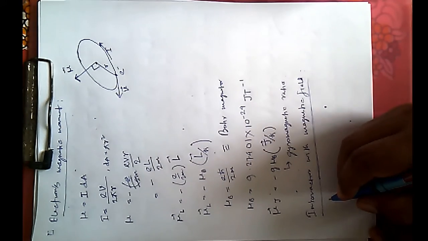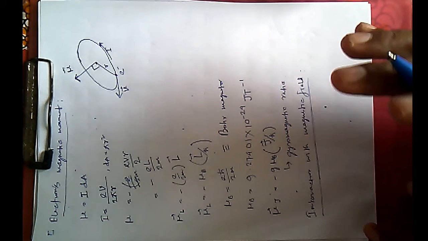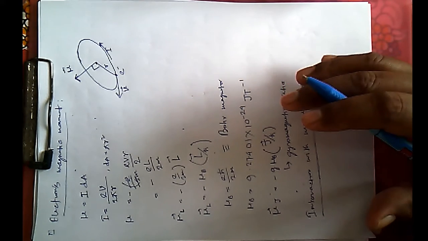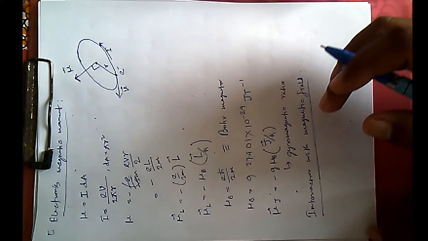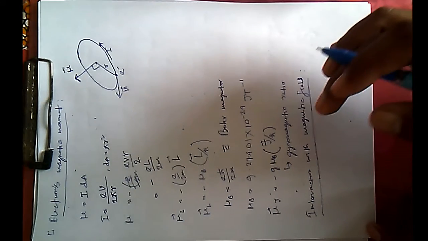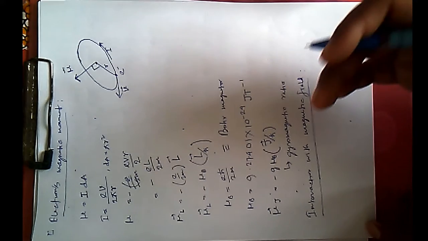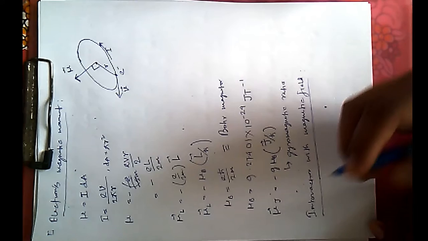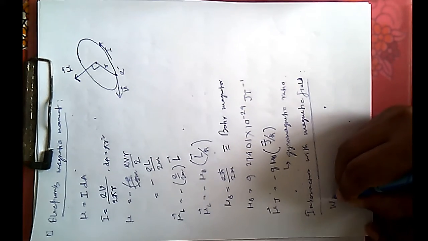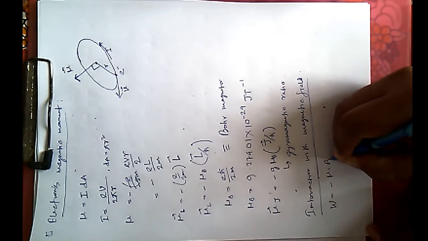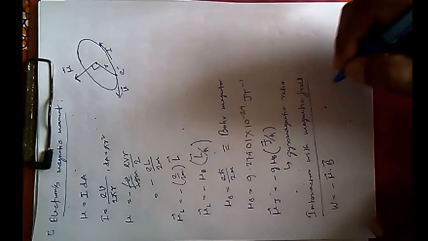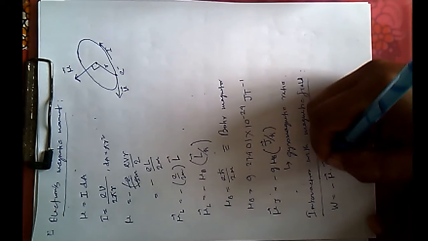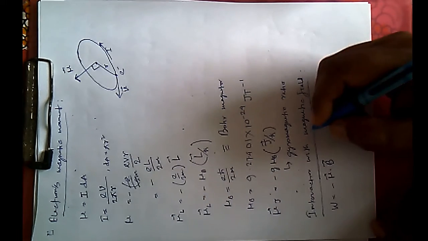If an atom with magnetic moment mu is placed in a magnetic field B, the energy of interaction, the potential energy, is written as minus mu dot B. So we get the interaction energy as minus mu dot B.